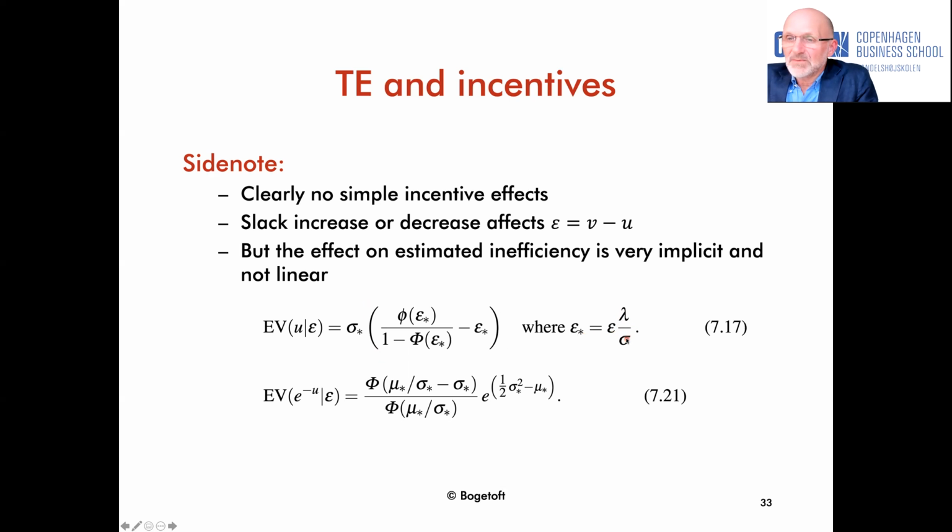by sigma. So what is going to happen is if I increase my inefficiency by a certain amount, then that's not going to show up directly in the inefficiency term, because the SFA interprets this increase in the composite error term as partly due to inefficiency and partly due to noise.